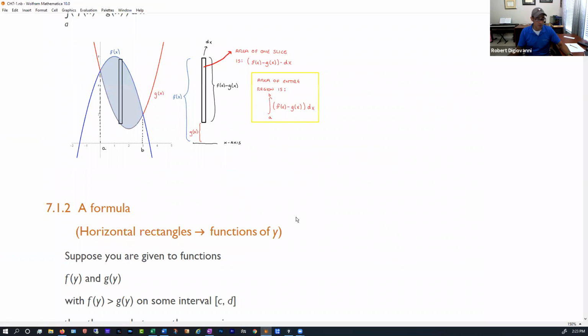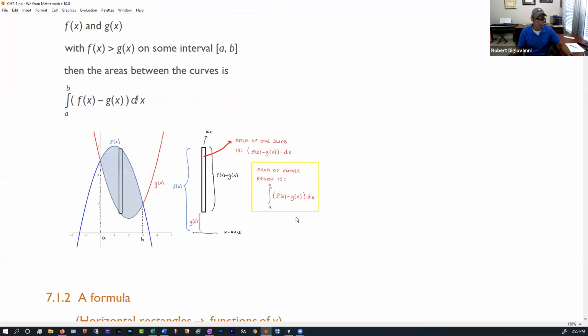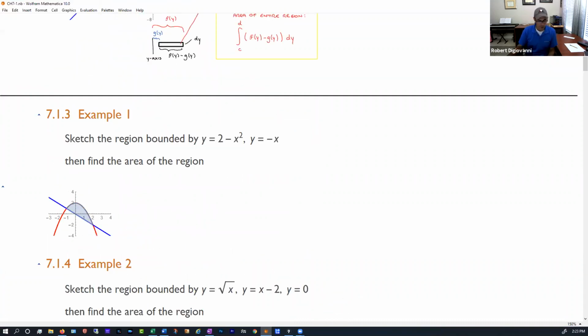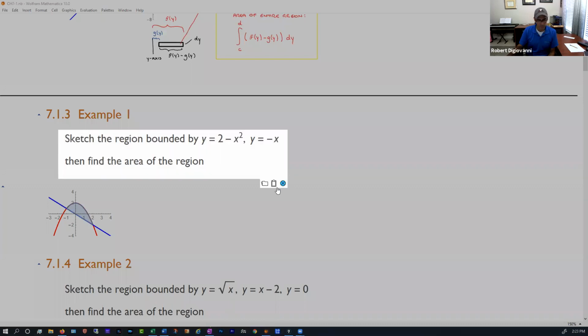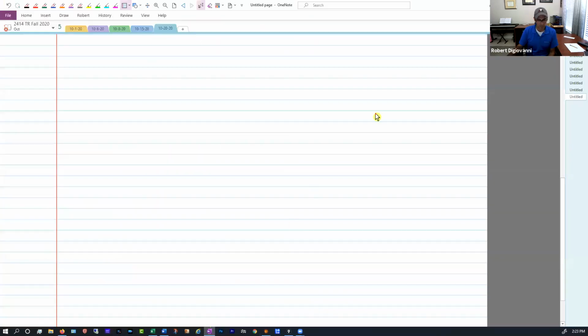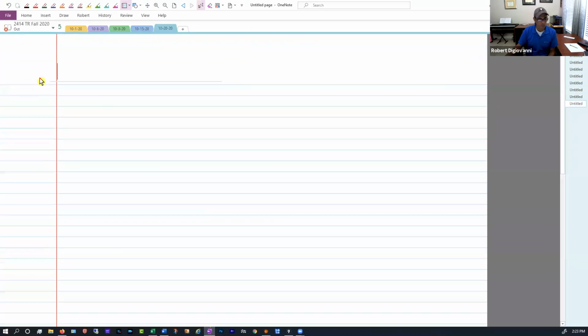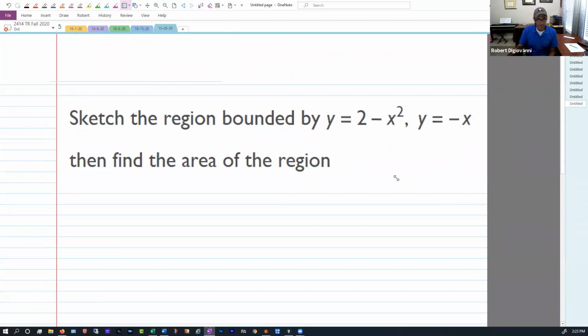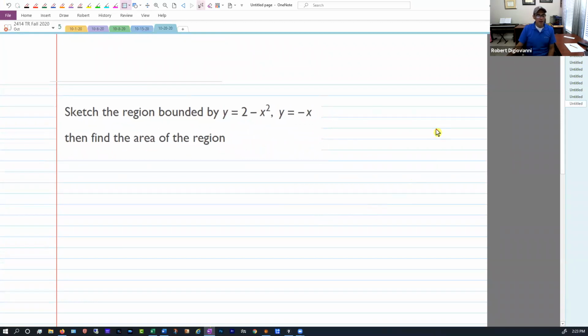Okay, so let's see if we can do an example. I'll skip that formula for a second. So let's do this one right here. Sketch the region bounded by y equals 2 minus x squared and y equals negative x, and find the area of the region.